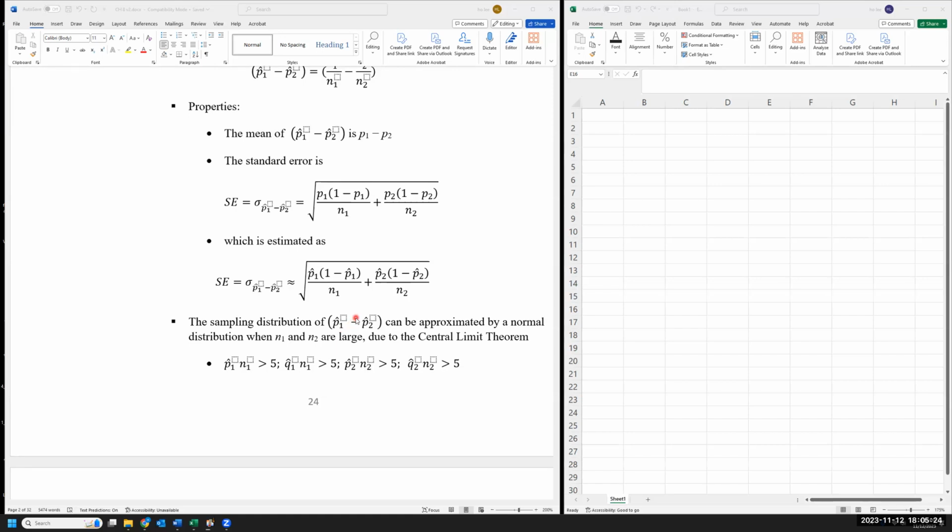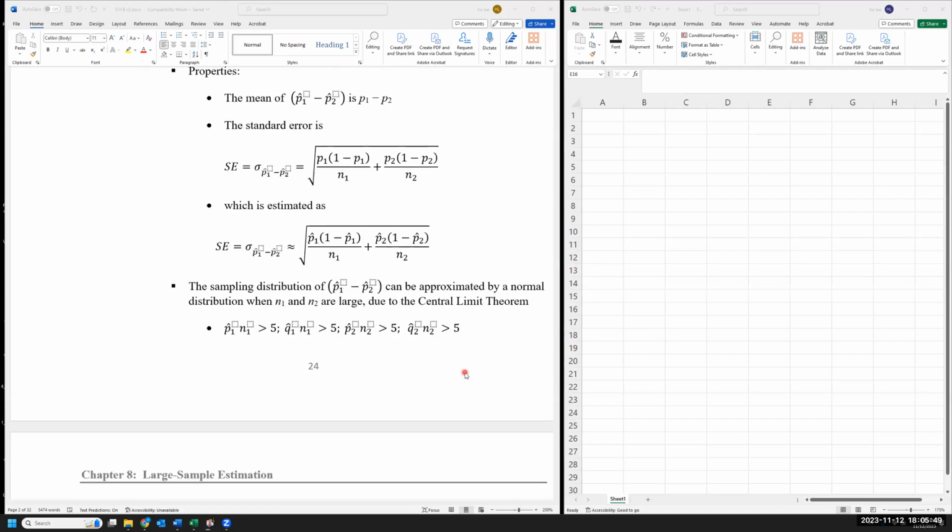How do we know if we have large samples? Well, P1 times N1 has to be greater than or equal to 5. Sometimes in some books it's greater than; I think in this book it's technically greater than or equal to, but it doesn't matter. Q1 times N1 is greater than or equal to 5, P2 times N2 is greater than or equal to 5, and Q2 times N2 is greater than or equal to 5.